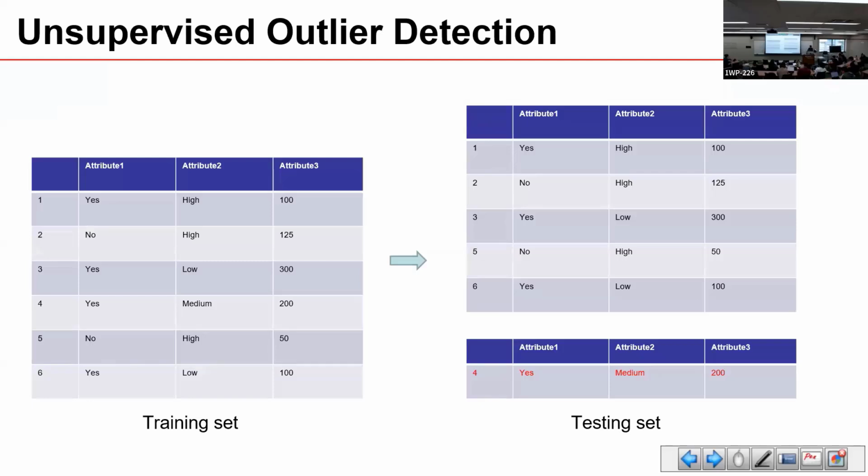If we still use transaction data to show you what it means, it looks like this. The training set is 6 different transactions. And if we run an outlier detection algorithm on this data set, then we can have this.